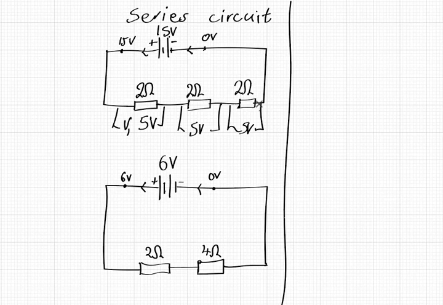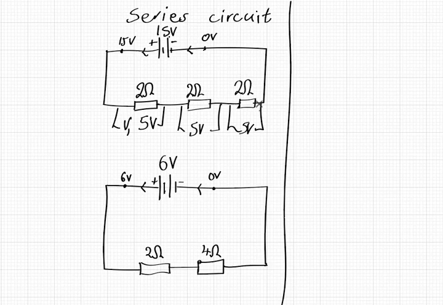And what did we say? We said for voltage, remember, voltage, if we are talking about one charge, is the energy, right? So each charge is given 6 volts, or each charge has 6 volts.